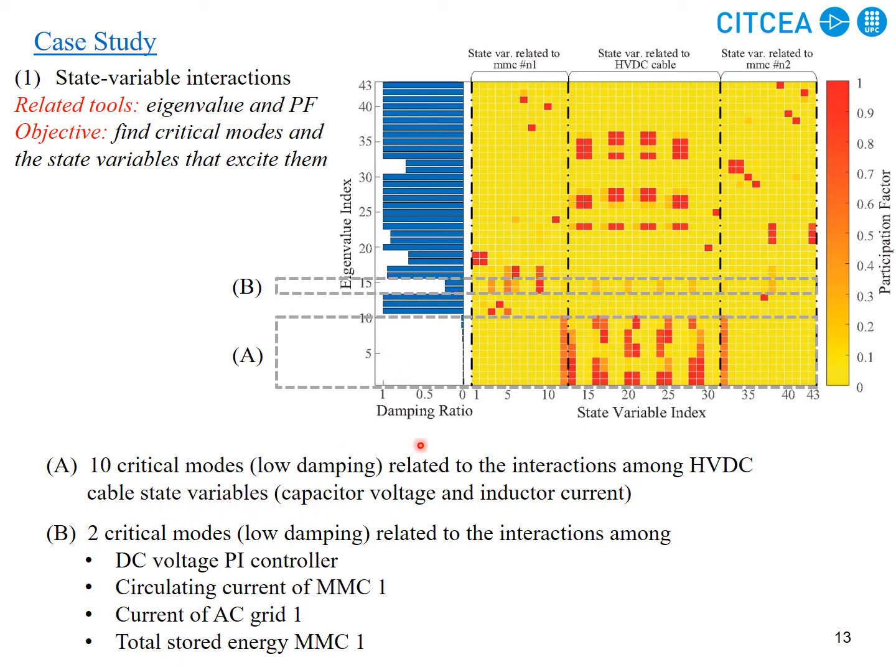We can see that the capacitor voltage and inductor currents of the DC cable model interact with each other, causing a resonance frequency, and it is a very low damped frequency. This is the damping ratio, and it is easily less than 10%.